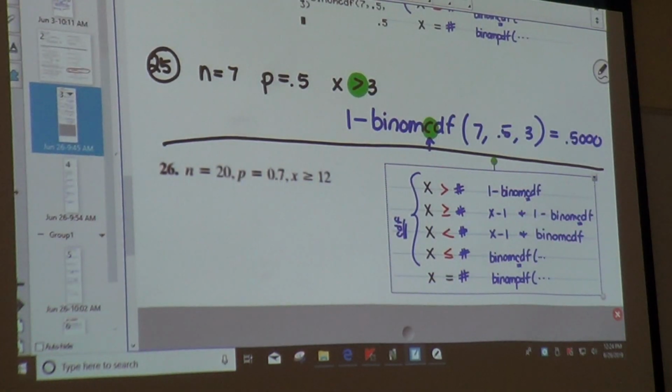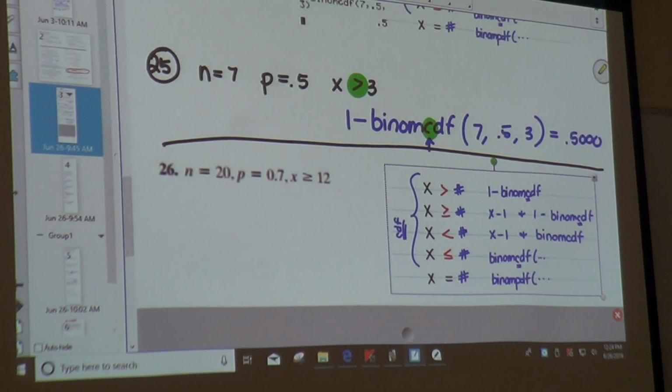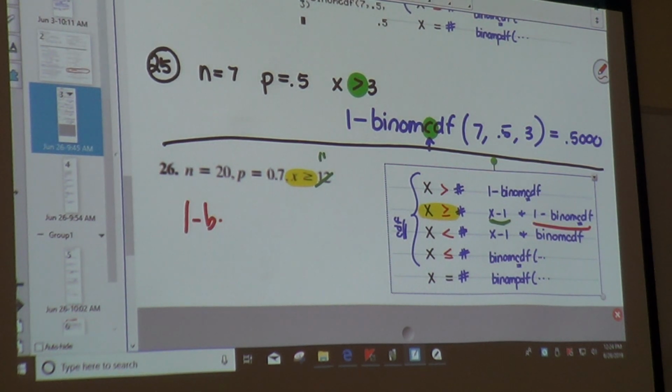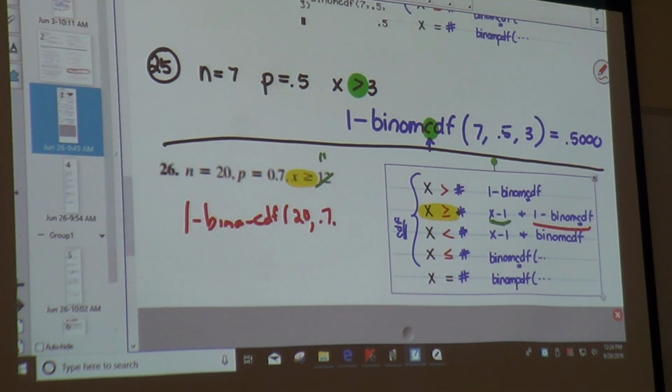All right. So for this one, it was a greater than or equal to, which means we have to take 1 off the x value, and then we're going to do 1 minus the binomial CDF of n, p, and x.